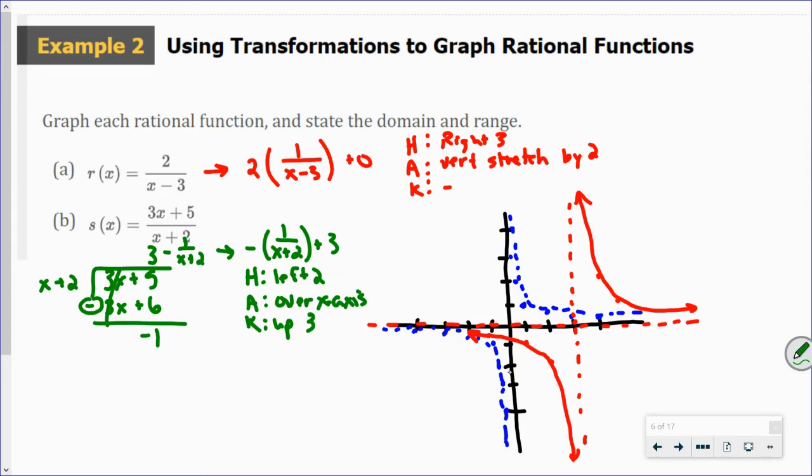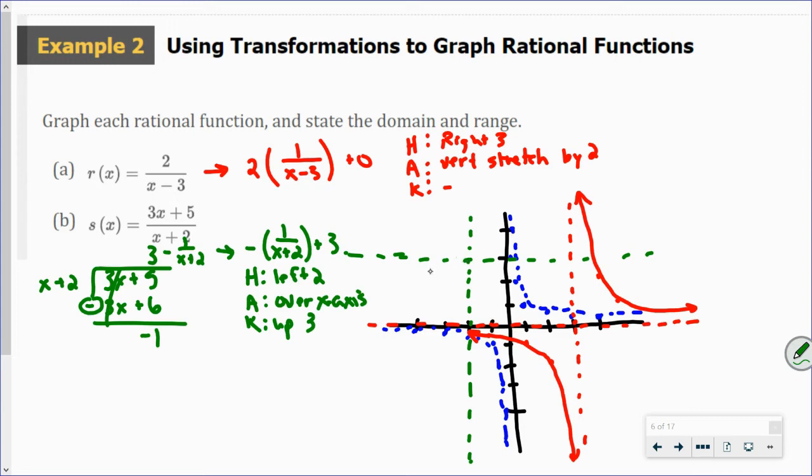So this vertical asymptote goes left 2. So 1, 2, and I am going to graph it on this same one. You don't have to if you don't want to. So that goes left 2, and the horizontal one goes up 3. 1, 2, 3. So now our origin is here.